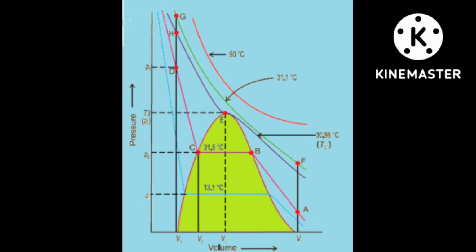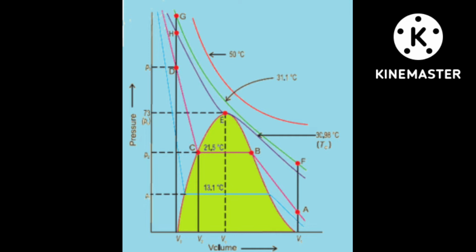First, complete data on the pressure, volume and temperature relation of a substance in both gaseous and liquid state was obtained by Thomas Andrews on carbon dioxide. He did the experiment with carbon dioxide and collected experimental data.